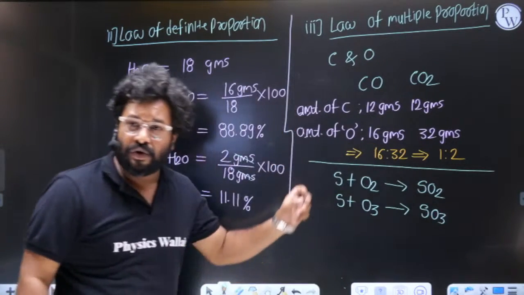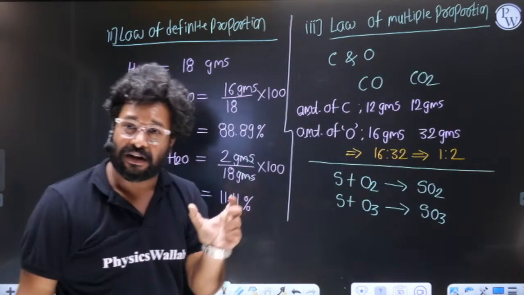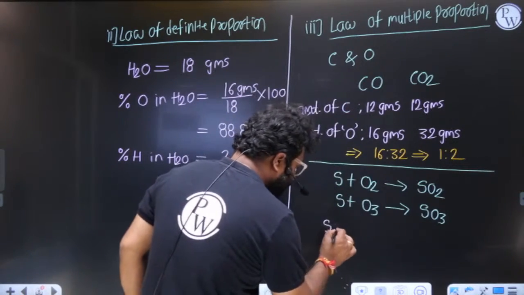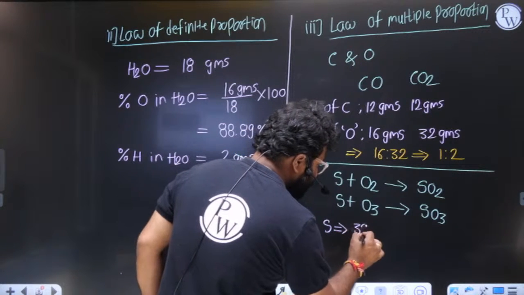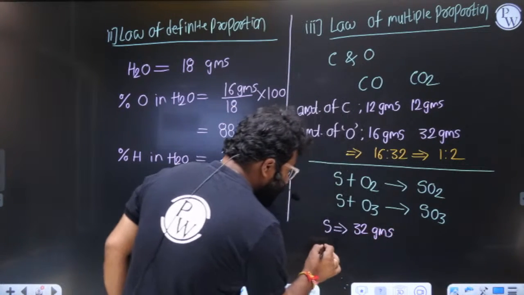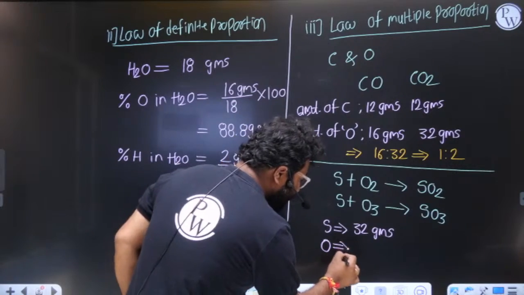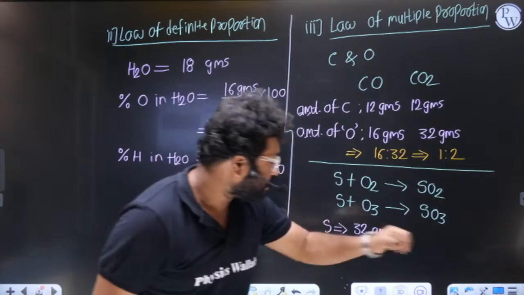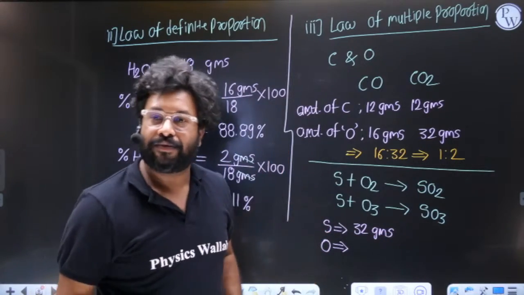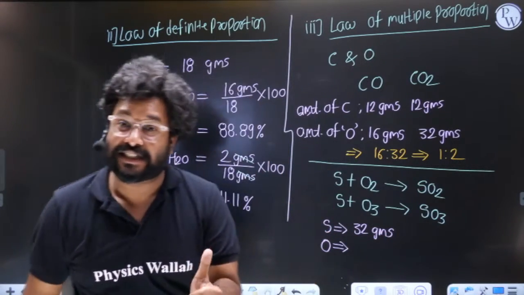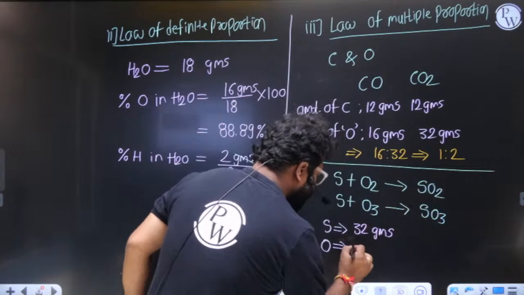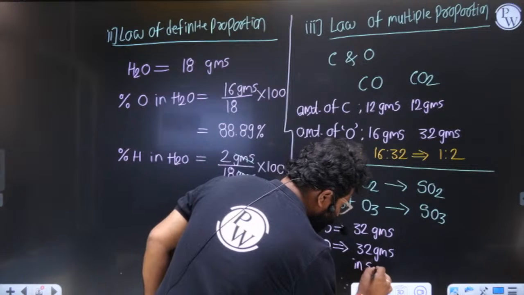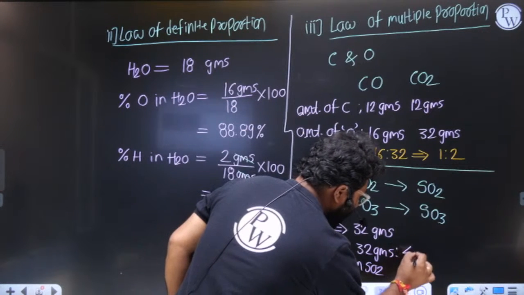Now if you examine here, the amount of sulfur that is reacting is 32 grams in both cases. But for the amount of oxygen, here you have 2 moles of oxygen atoms, here 3 moles of oxygen atoms. 1 mole of oxygen atoms weighs 16 grams. So you are taking 32 grams in SO2 as to 48 grams in SO3.